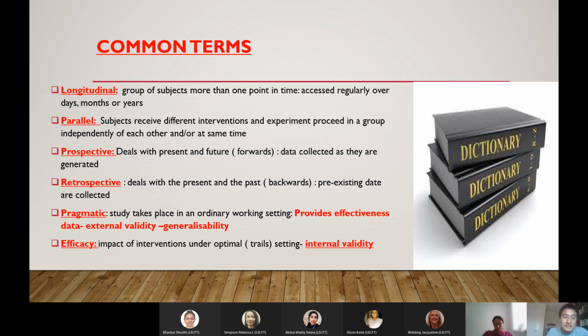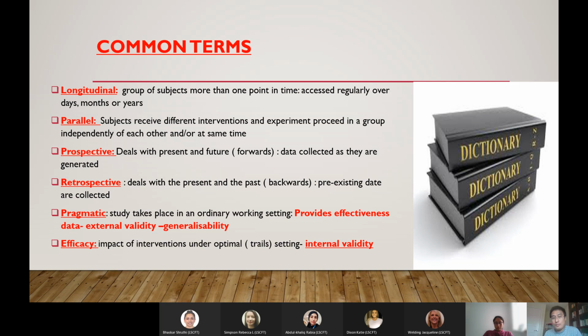I'm going to come more to validity in the coming slides, but just remember, a pragmatic study has external validity. That means it is more applicable outside. It can be generalized. Efficacy is something that is done in the laboratory, not in the real scenario. For the laboratory, internal validity is high.